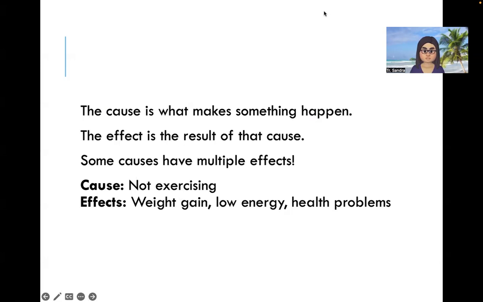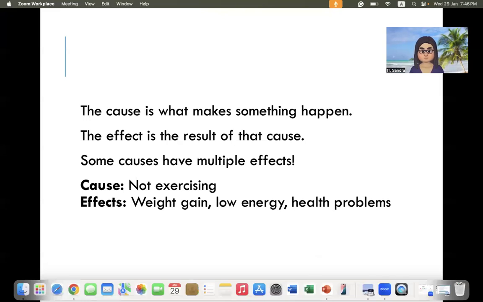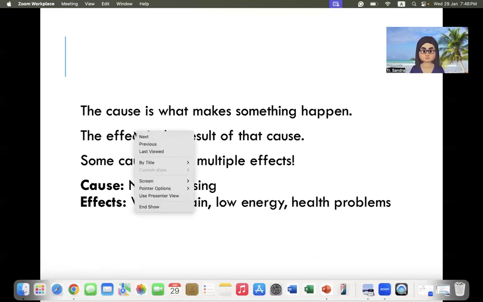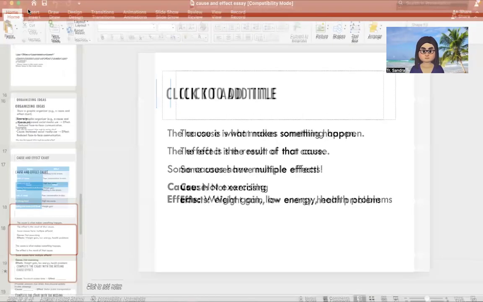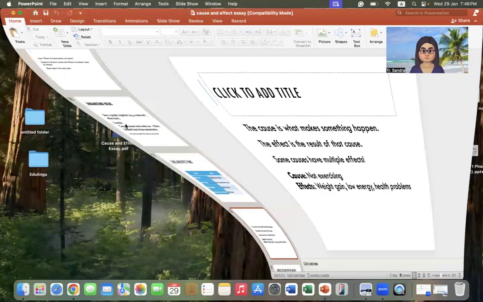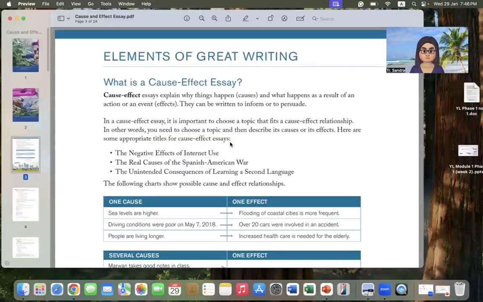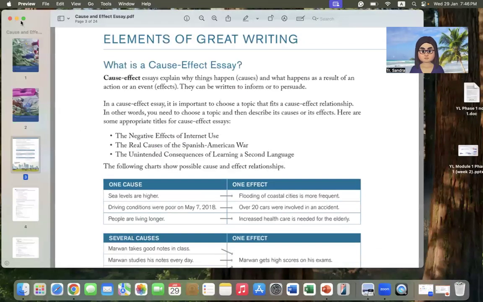So in order to do that, I think I need to show you this one. Shall we have a look at this one?